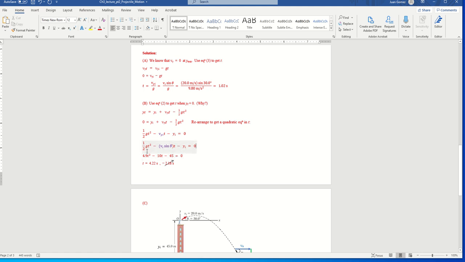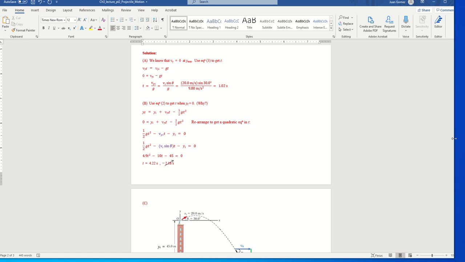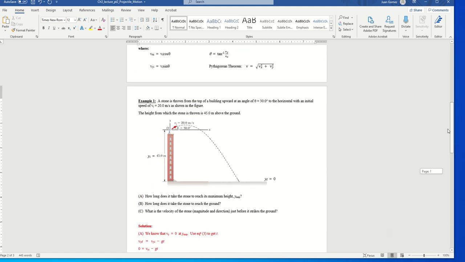So it's going to be 4.9 t squared minus 10t minus 45. Plug the coefficients into a solver. You get a positive and a negative root. Obviously, the negative root is of no use. So it takes 4.22 seconds for the stone to reach the ground.